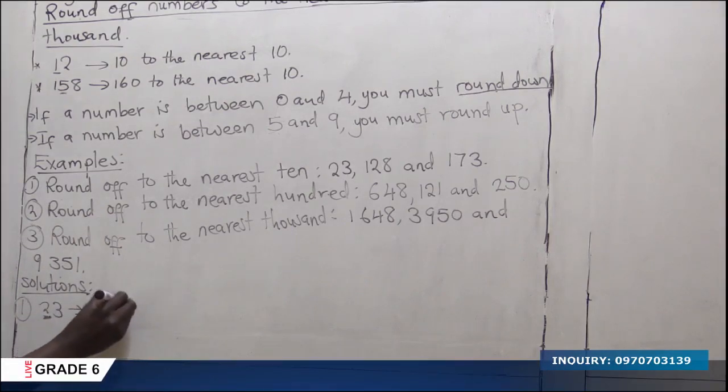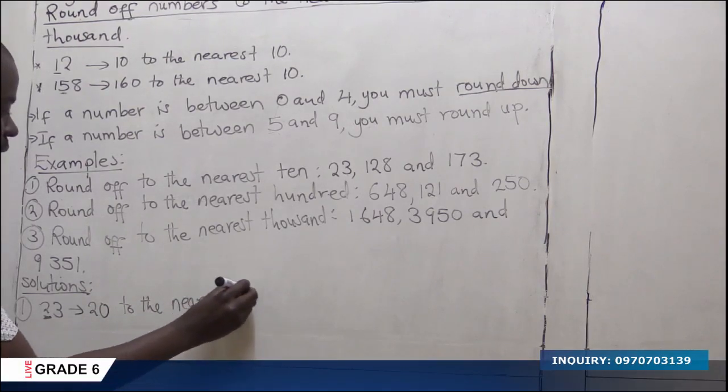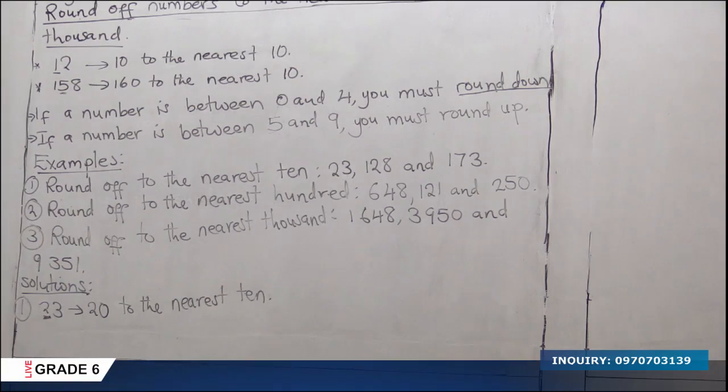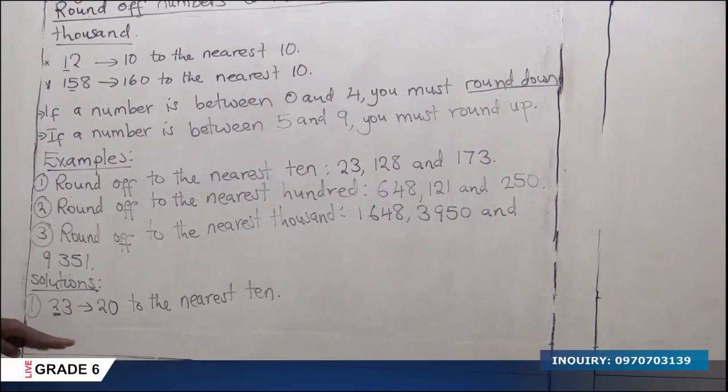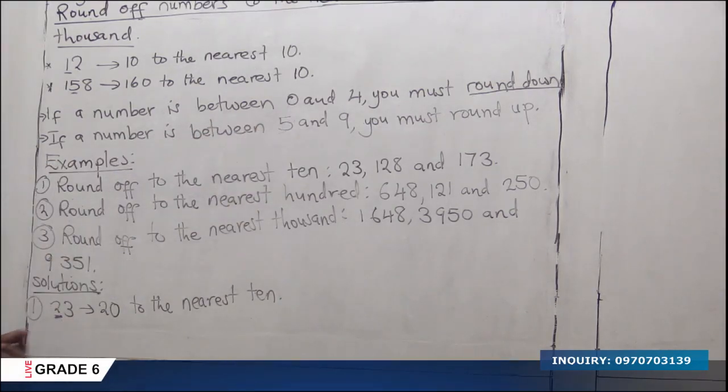So it will be 20 to the nearest 10. Boys and girls, we've written a 0 there just to show the place value for ones. Hence, we've rounded down to the nearest 10.